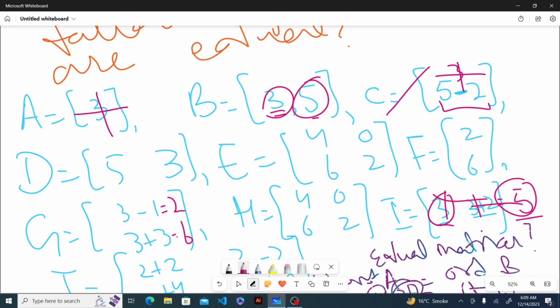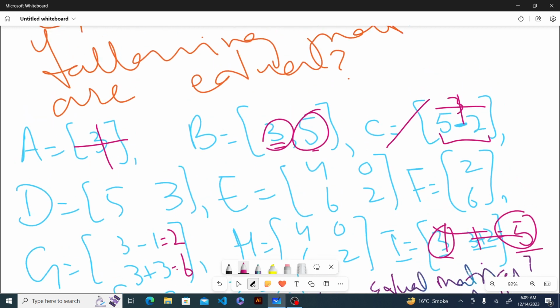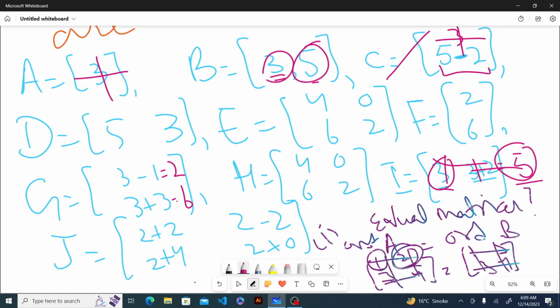Then we will go for D. Which matrix is equal to D? It has only one row and two columns, and there isn't any other matrix which has one row and two columns. D is alone.